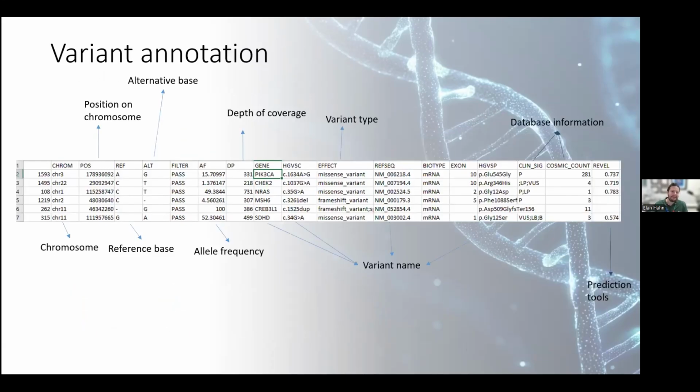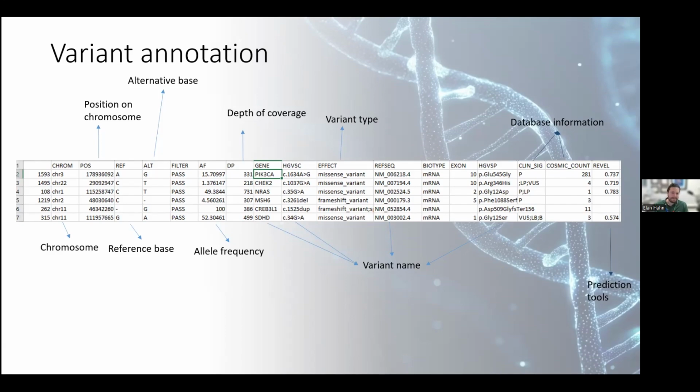And then once we start to annotate our variants, this is what it looks like here, where you have your chromosome, position on the chromosome, the reference sequence, the alteration sequence, and then the allele frequency. The depth of coverage at this position specifically, the gene involved, and then we have different ways to relay the nucleic acid change. So that's the codon change or the amino acid change. So if you see HGVSC, HGVSP, those columns are the codon change and the amino acid change or the protein change.